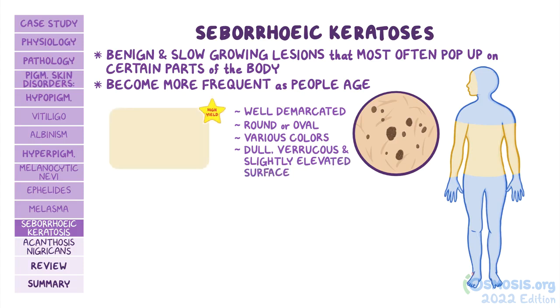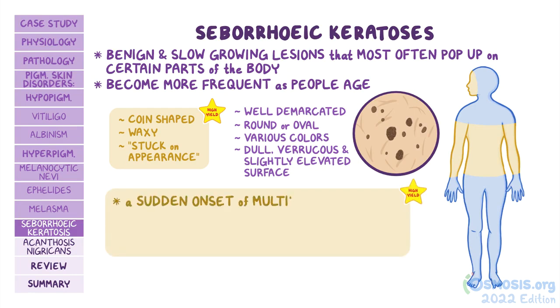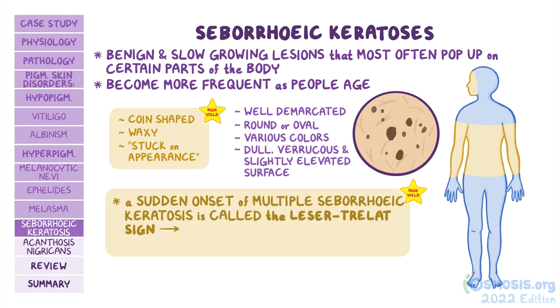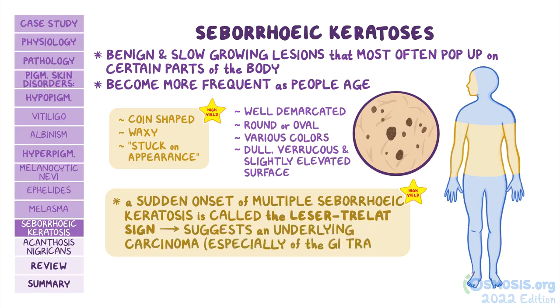Exams tend to describe them as coin-shaped, waxy, and having a typical stuck-on appearance, meaning that they look like a spot that you could peel away from the surface of the skin. But what's particularly high yield is that a sudden onset of multiple seborrheic keratoses is called the Leser-Trélat sign, and this suggests an underlying carcinoma, especially of the gastrointestinal tract.